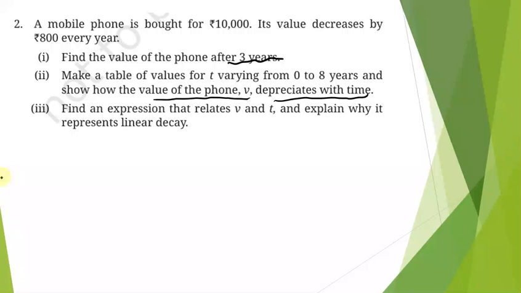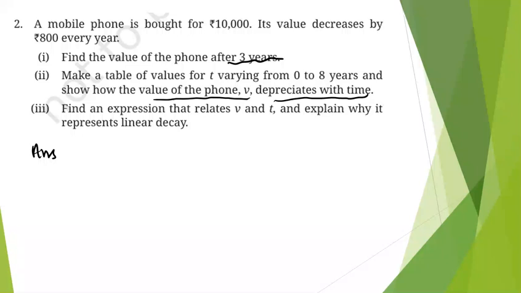Find an expression that relates v and t and explain why it represents linear decay. As is clearly visible, it is linear decay because every year it decreases by an amount of 800 rupees. So it will be decreasing only, it will be linear decay. Now we will represent this mathematically.